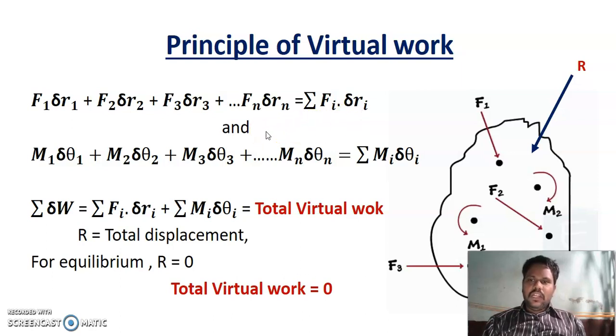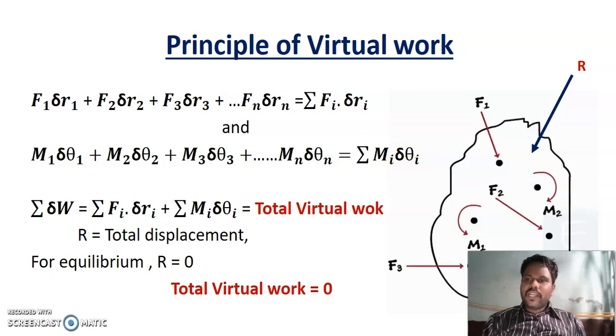Likewise, couple moments M1, M2, M3 show angular virtual displacement delta theta 1, delta theta 2, delta theta 3. Then the total work done by the angular virtual displacement is the sum of the couples times delta theta i.